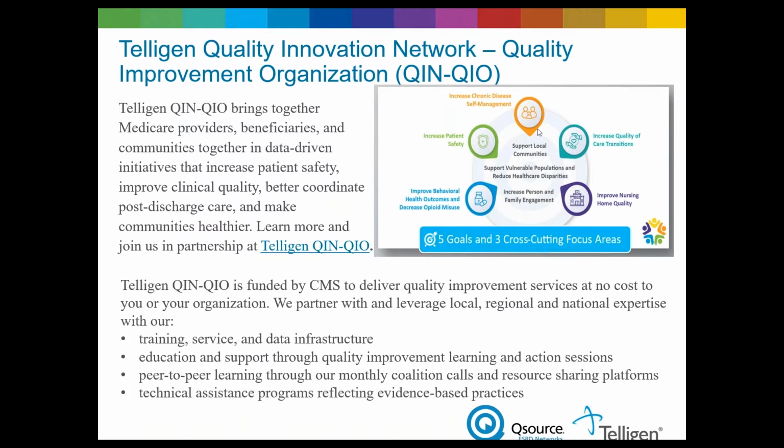Permeating all of these initiatives is our commitment to support local communities, support vulnerable populations, and reduce healthcare disparities to build equity into everything we do, and to increase patient and family engagement.